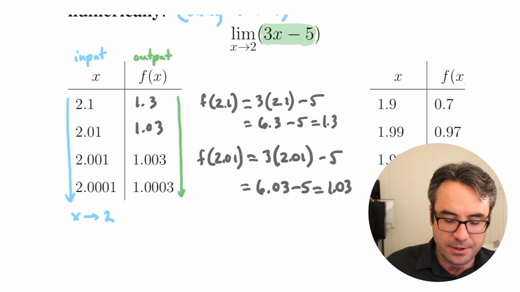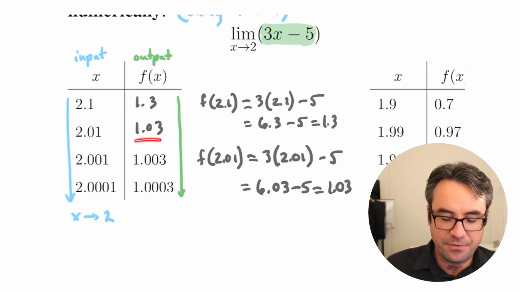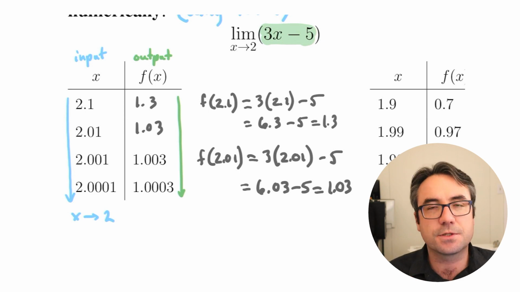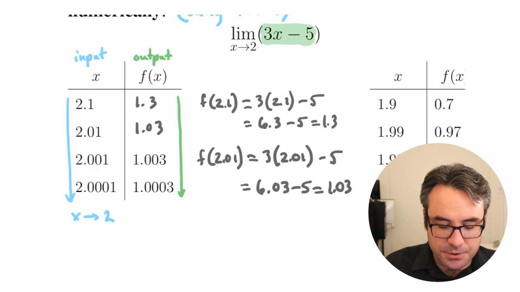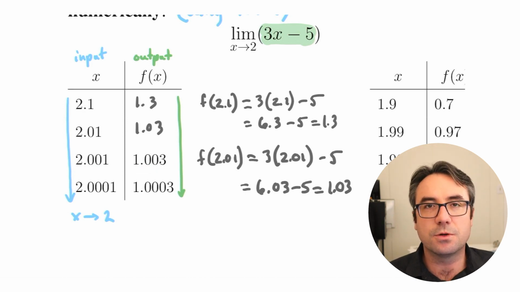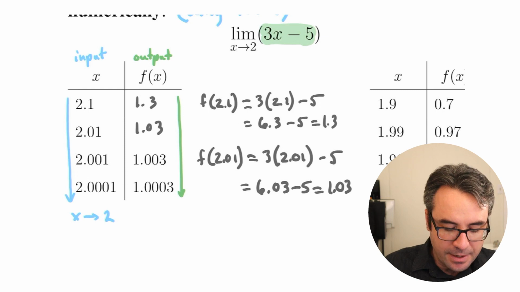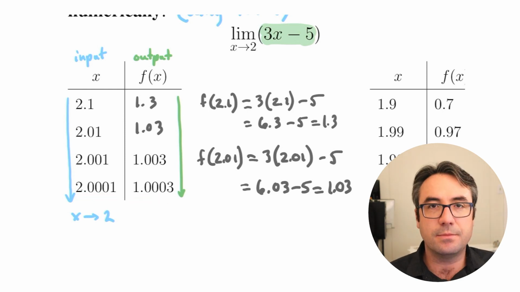And so as we start here, we found our output was 1.3. Then we found the output, as we got a little closer, was 1.03. Well, if we get a little bit closer to 2, then our output goes to 1.003. And then if we get even closer to 2, it goes down a little bit more.